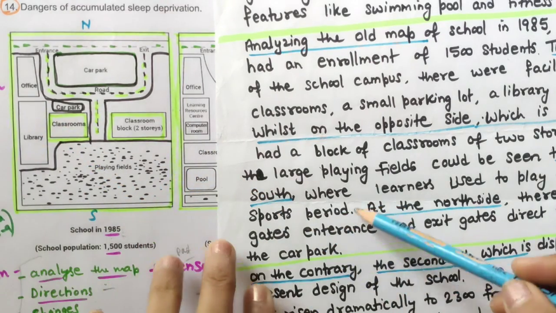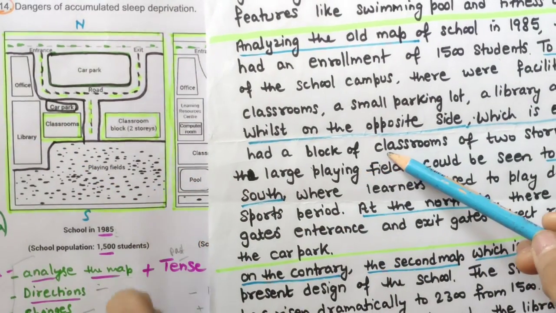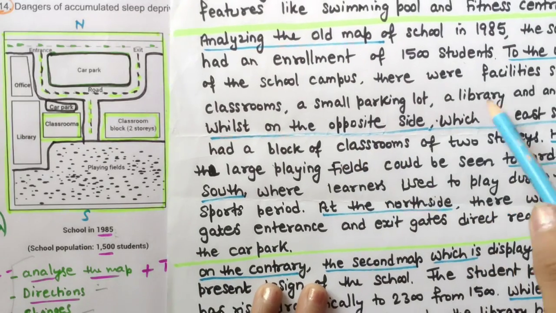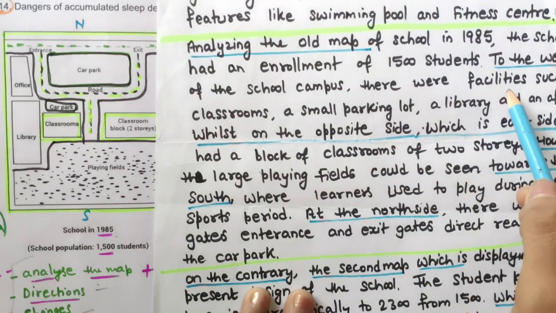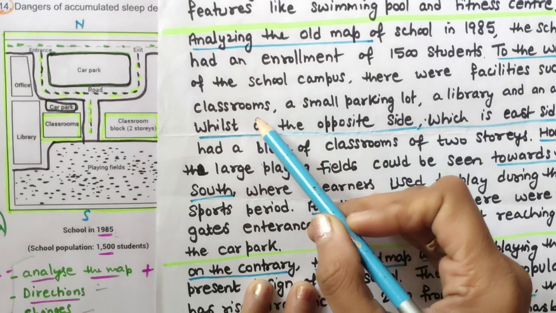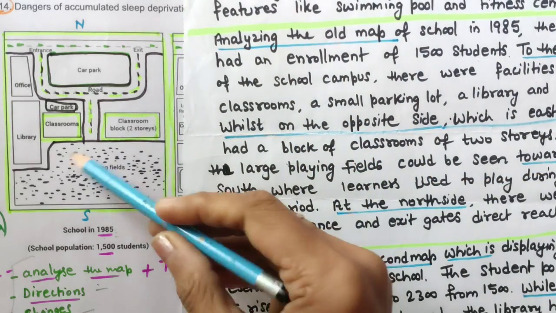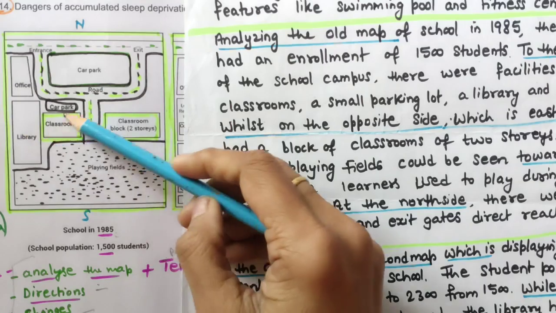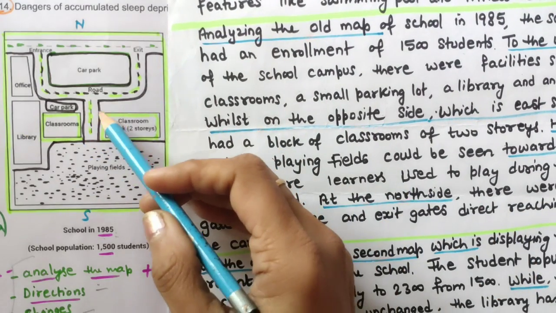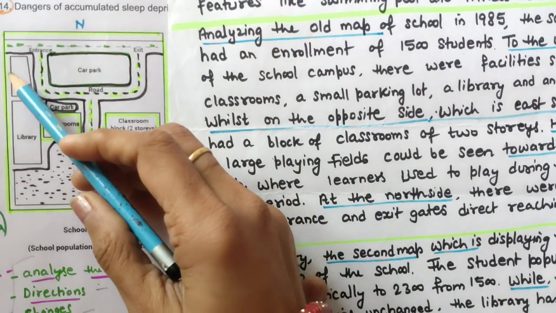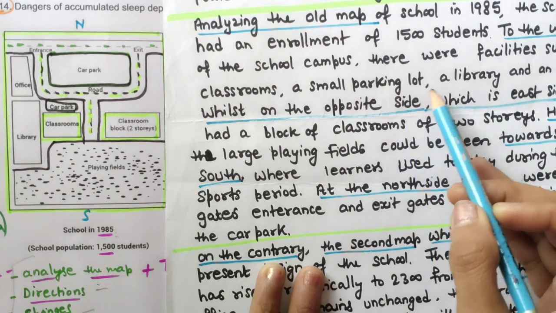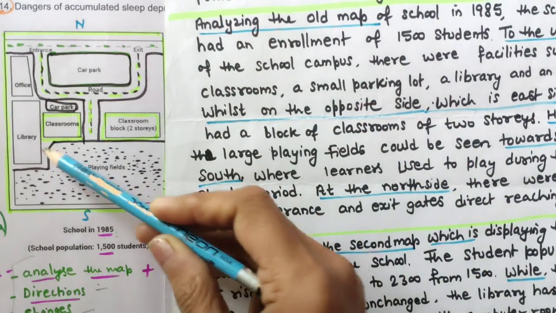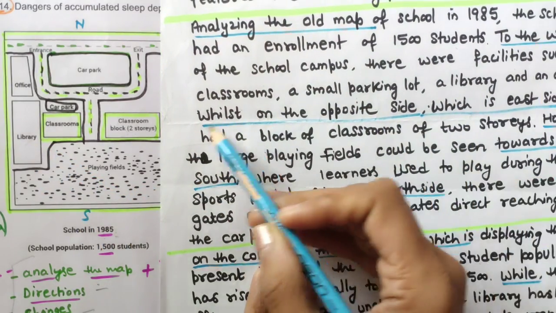To the west side of the campus, the school campus, there were facilities such as classrooms and a small parking lot. See this west side, or this is central, but all these things will come under the west side. Okay, a small parking lot, a library, this is the library, and an office.